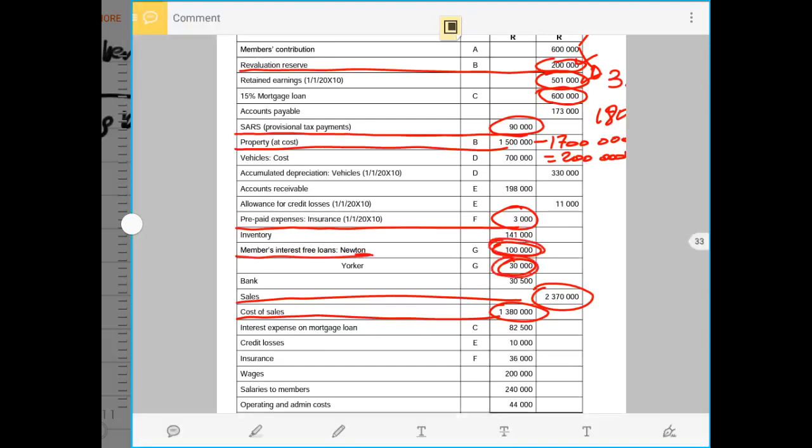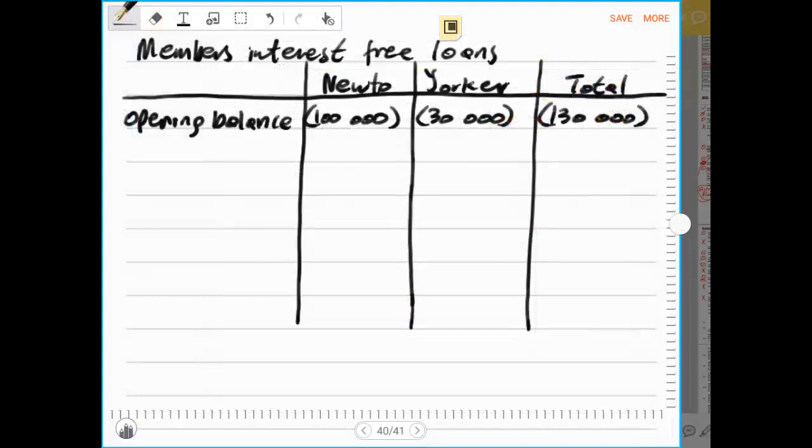We know that a loan becomes an asset between a member and the close corporation if the close corporation gave money to the member. So now these are indicated as negative, indicating outflow of cash. That is the brackets indicating outflow of cash, because when the close corporation lends money to the members, cash is going out. So I write them as negative from that perspective.